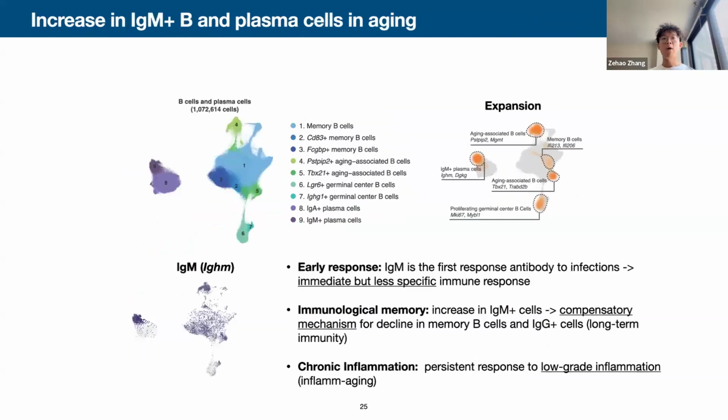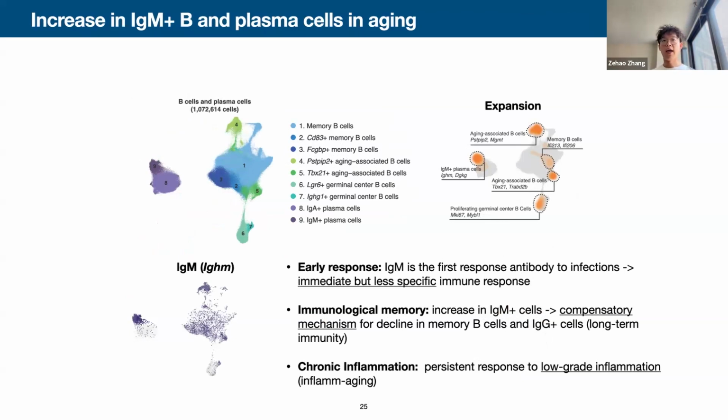At the same time, we also extract the B cell and plasma cell from different organs. We've successfully identified 9 different subtypes of the B cells, and we also identify 5 different subtypes of B cell that underwent dramatic expansion in the aging.